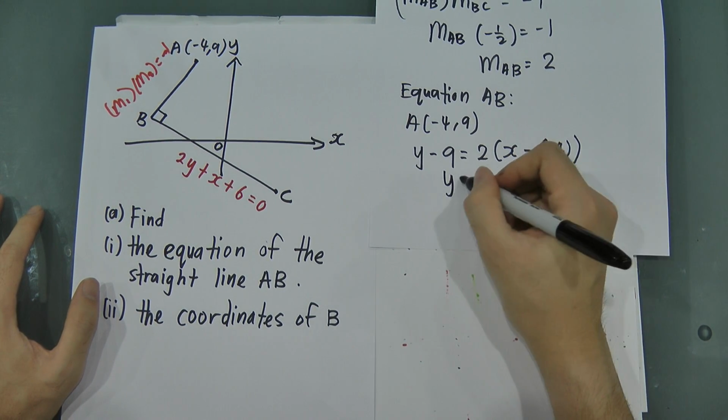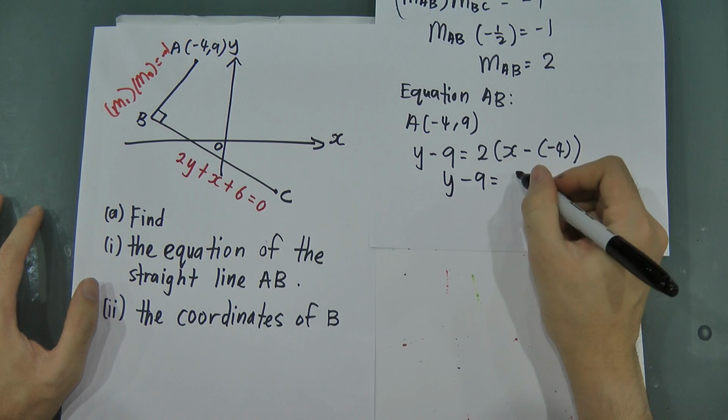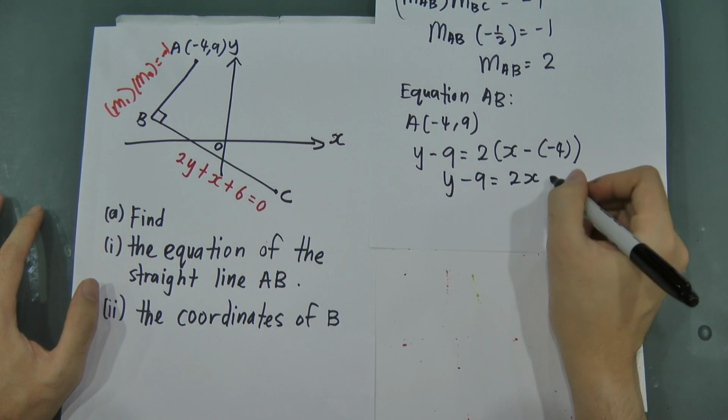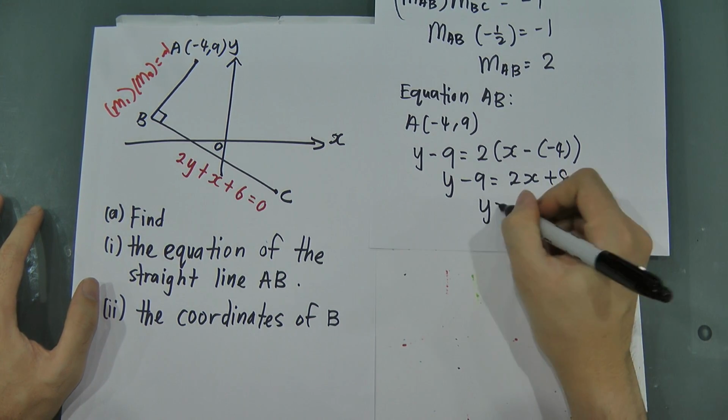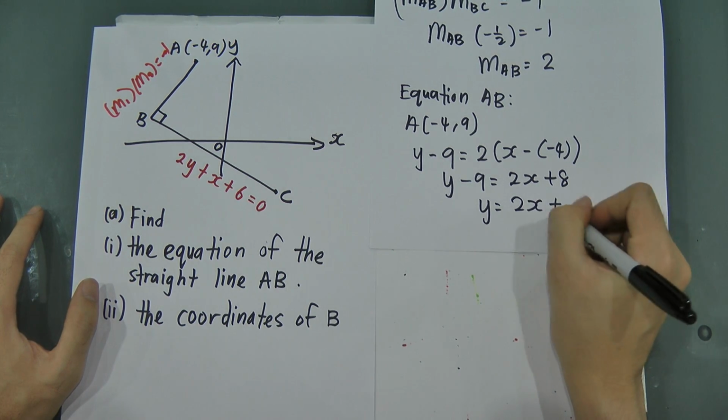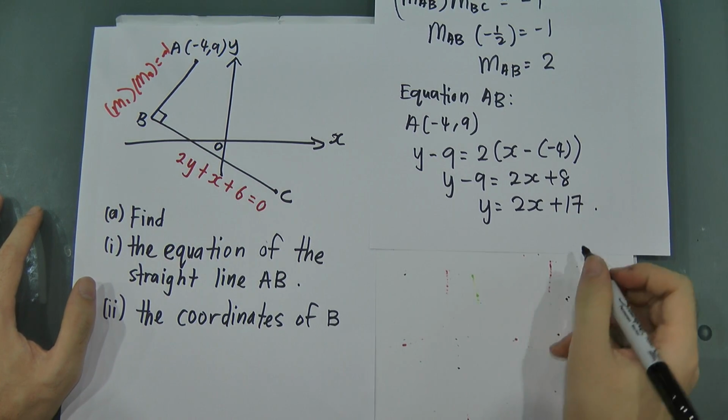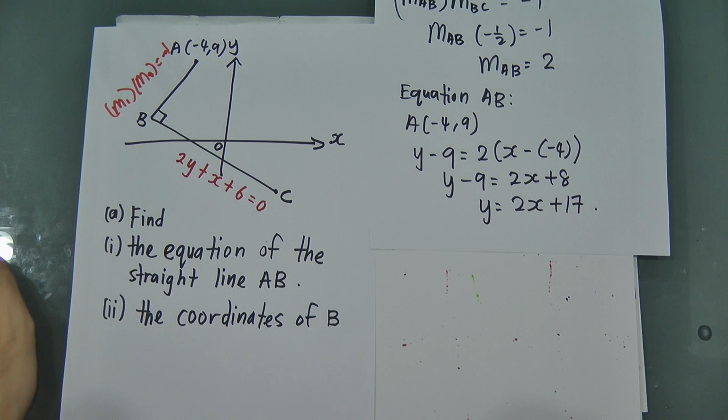So y minus 9 equals 2x plus 8, so y equals 2x plus 17. This is the equation of AB.